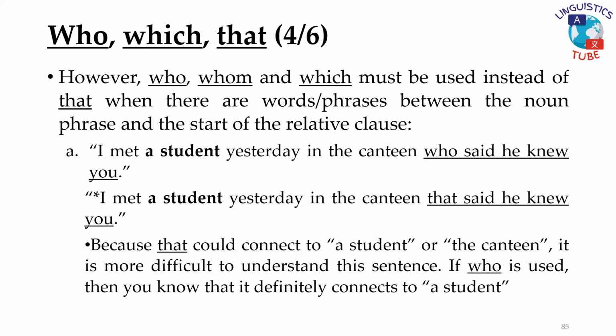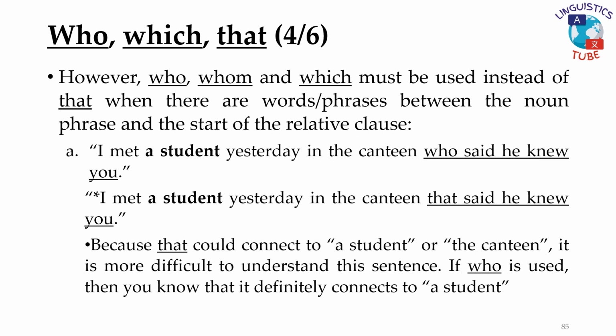In this sentence, that could conceivably connect to a student or the canteen. All speakers will eventually understand that the relative clause connects to a student, but in a long and difficult sentence, you should give the listener as much information as possible to give him or her the best opportunity to understand the sentence.